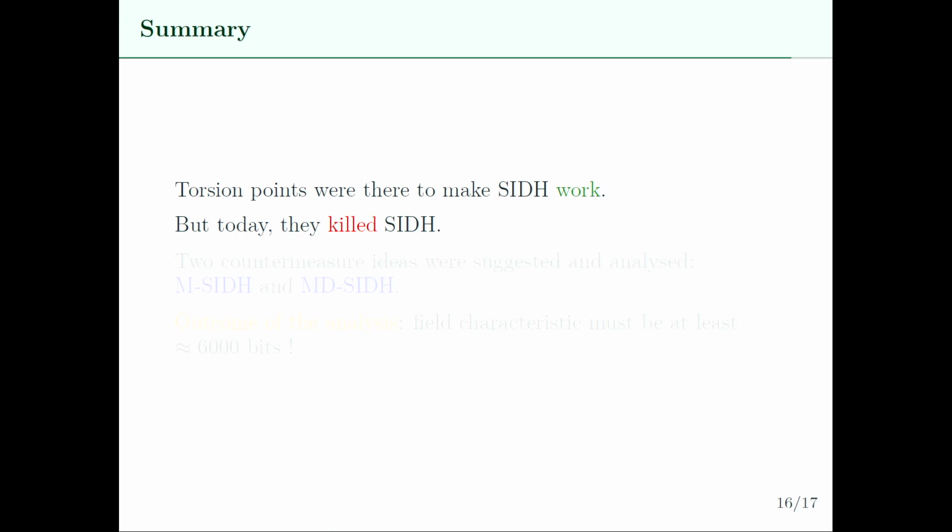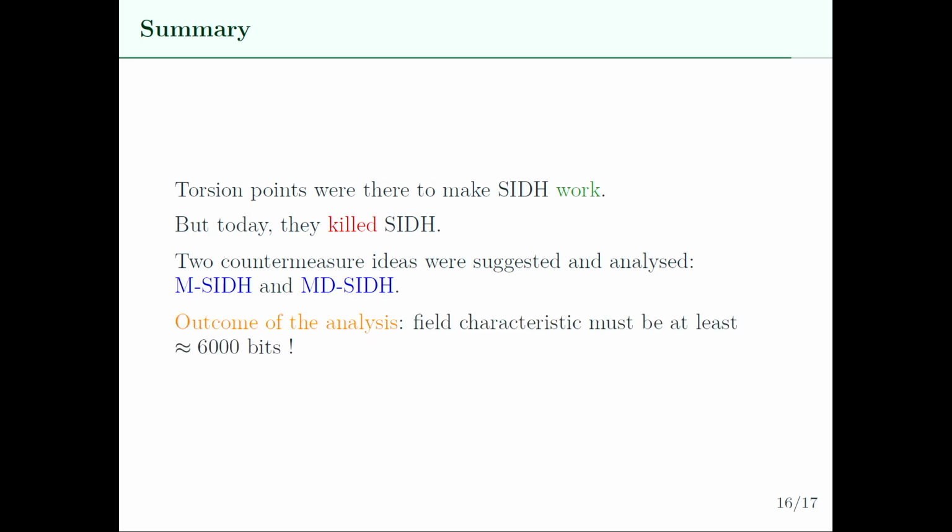Torsion points make SIDH work, but due to the torsion points, SIDH is broken. Then we thought about countermeasures, MSIDH and MDSIDH, and we analyzed their security. And from the analysis, the field characteristic must be at least about 6,000 bits. Thank you for listening.